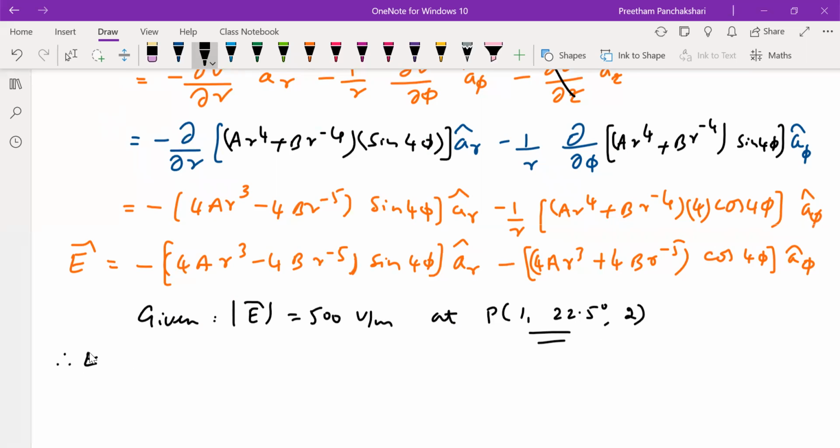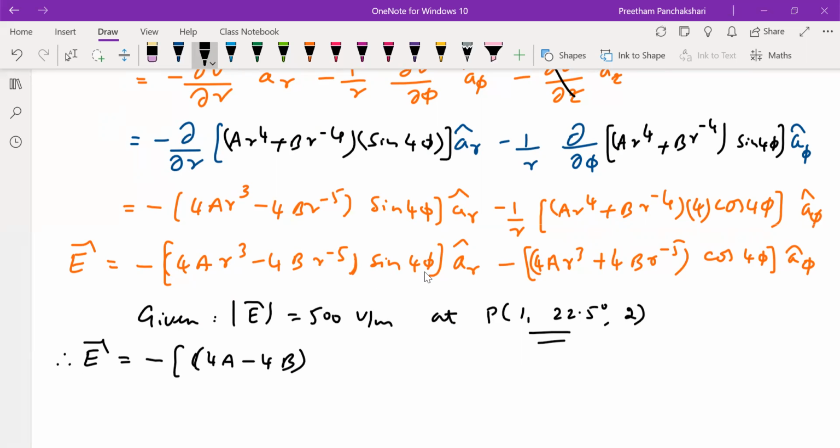Therefore, E is equal to, let us use these coordinates, minus, 4A R cube. R is 1, R cube is 1 cube, that is 1. So we get only 4A here. Next, R power minus 5 means 1 power minus 5, that is also 1. So we get here minus 4B, 4A minus 4B.